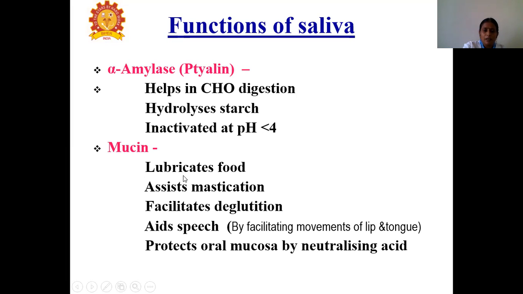Mucin lubricates the food, assists mastication and facilitates deglutition, aids speech and protects the oral mucosa by neutralizing acid. So alpha amylase acts on the starch and converts that into maltose, not glucose, maltose.